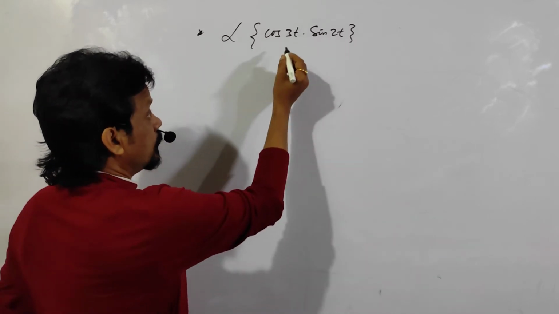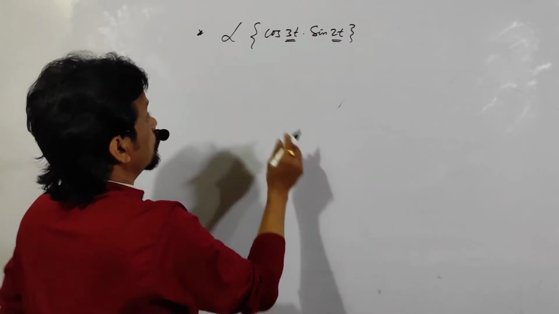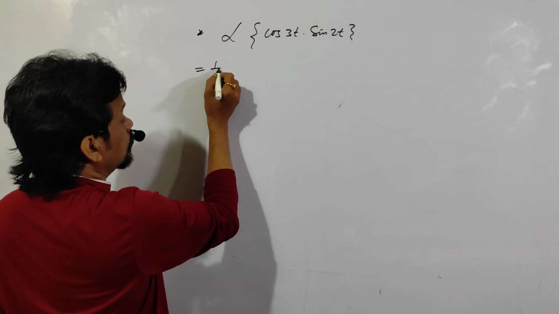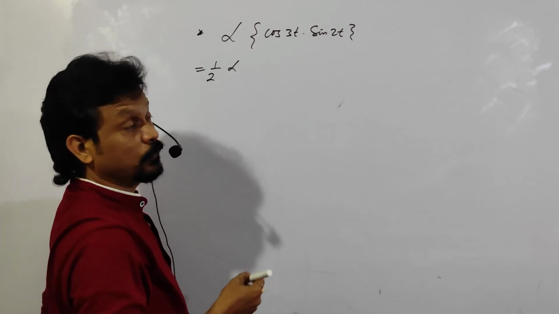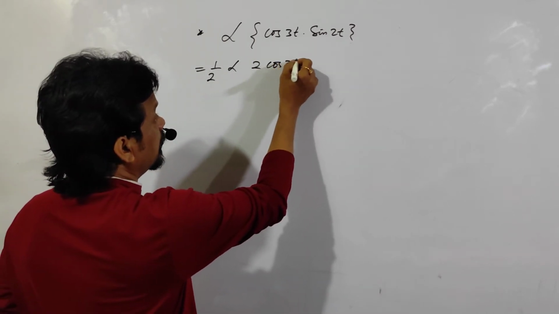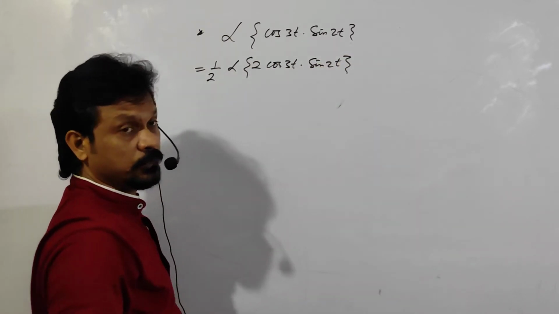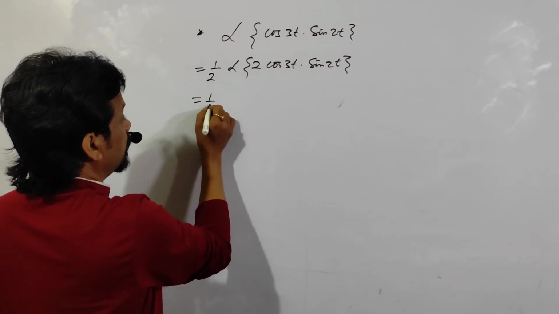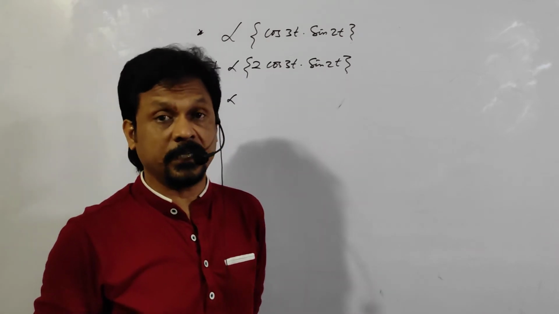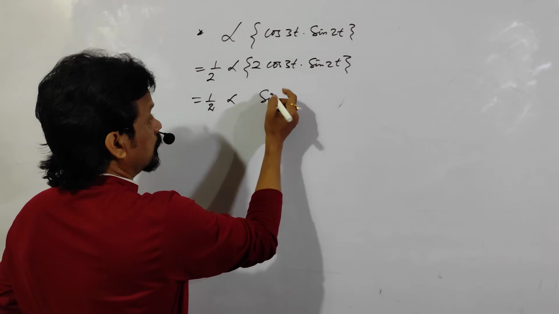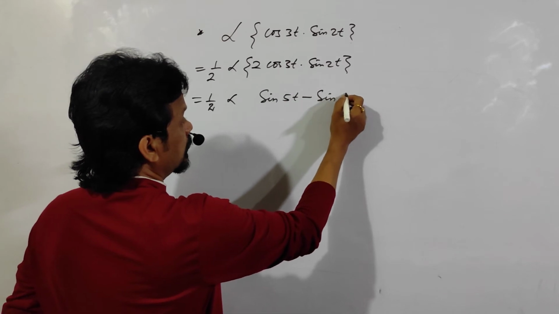Remember. Okay. So here this is A, this is B, because 3t is larger than 2t. So I am multiplying by 2 and dividing by 2, so that it will become 2 cos A into sin B. While writing in the second step, you should write in a systematic way. That means the larger angle should be written first and the smaller angle second. So 1 by 2 Laplace of 2 cos A into sin B. 2 cos A into sin B is sin A plus B minus sin A minus B. A plus B is 5t, minus sin A minus B, 3t minus 2t, it is t.